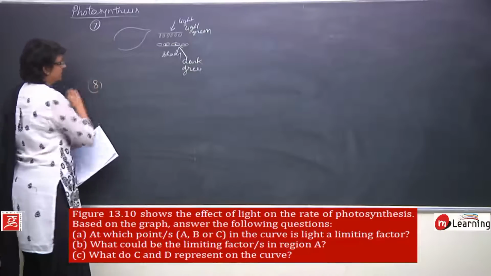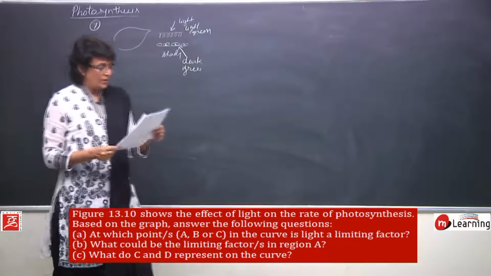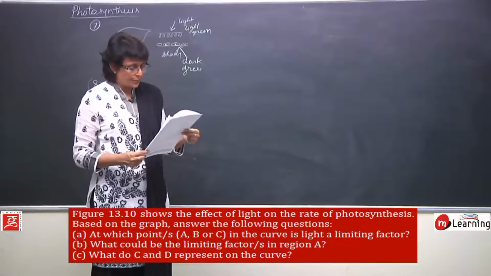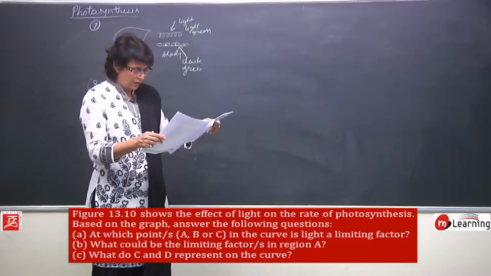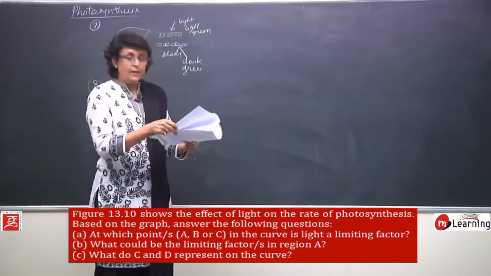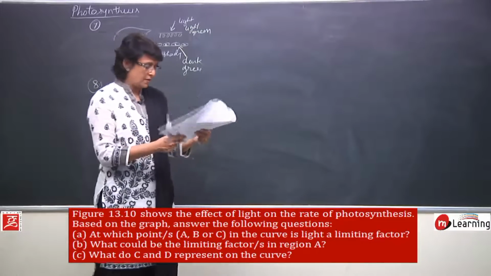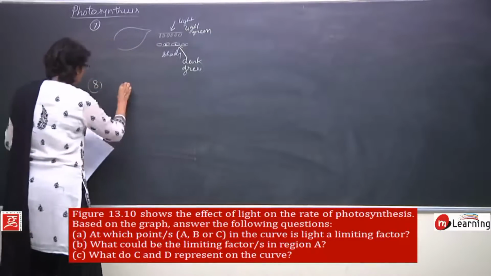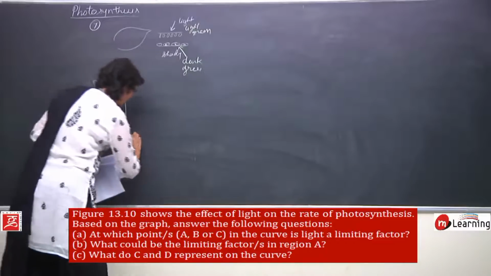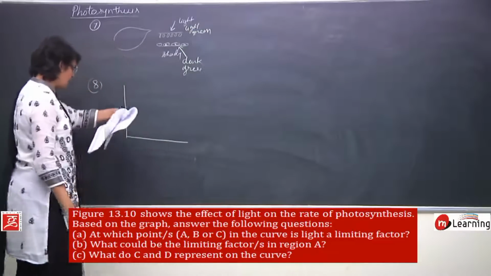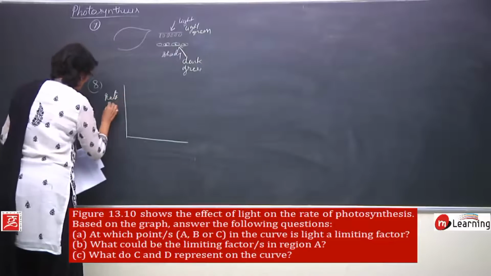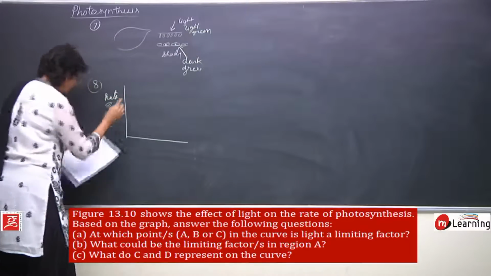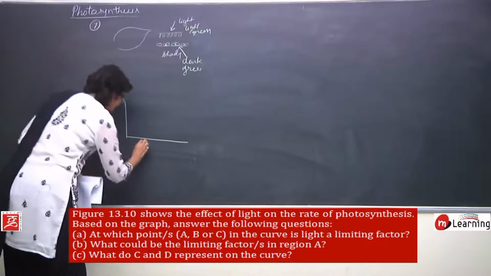8th question. The 8th question is actually about a figure which is given in the book. The figure is 13.10. Let me draw this figure here quickly. It is actually a graph, and this graph is between the rate of photosynthesis and light intensity.